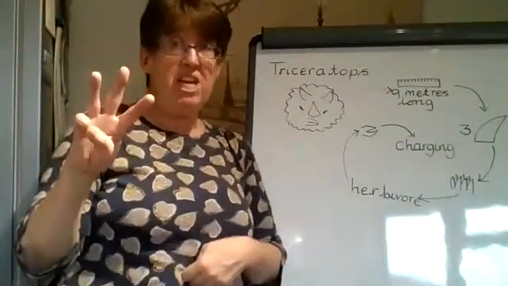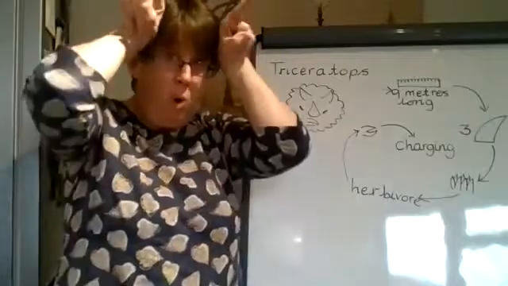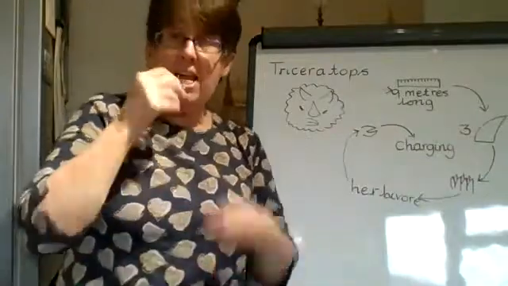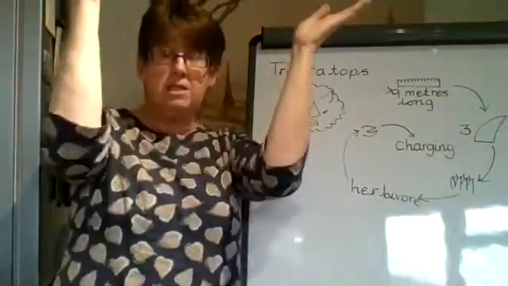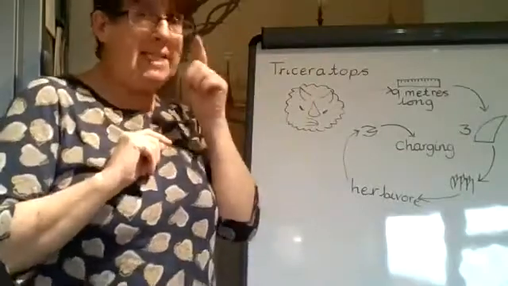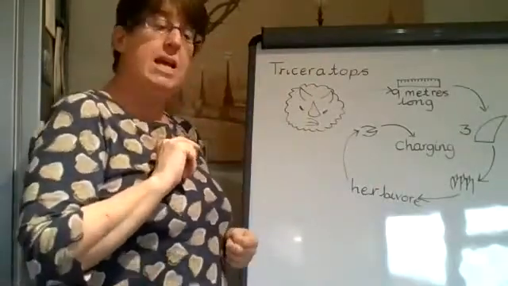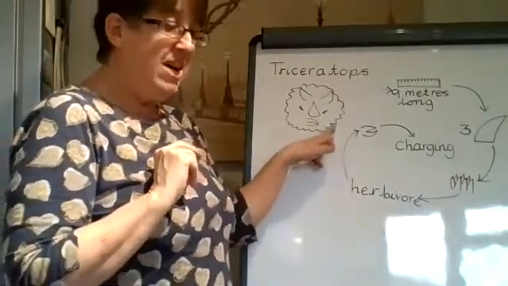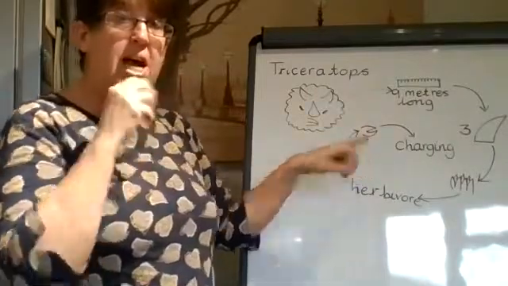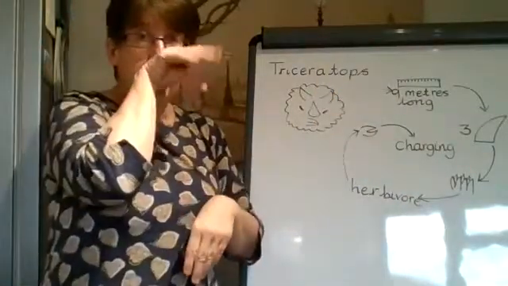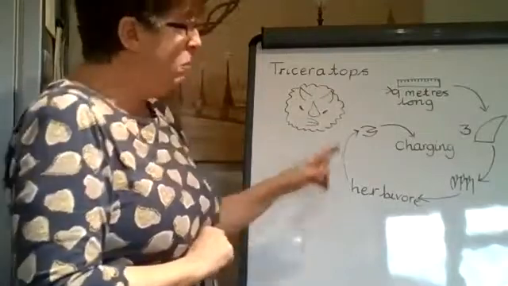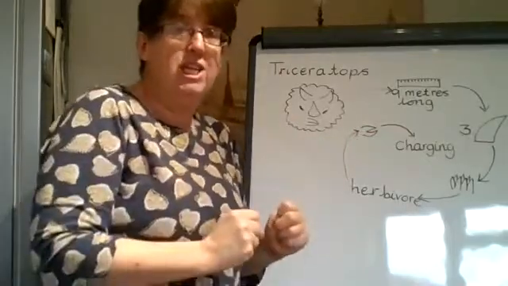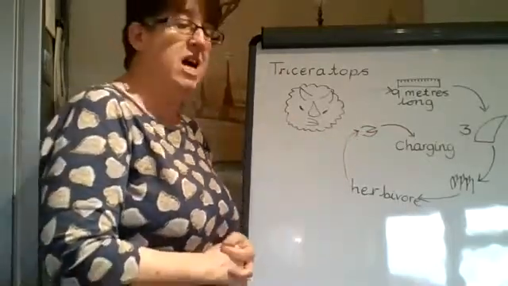It had 3 sharp horns. It liked to eat plants. It didn't eat meat. It was a herbivore. The Triceratops had a mouth like a bird's beak. It was a dangerous dinosaur because it would charge like a rhino at other animals.